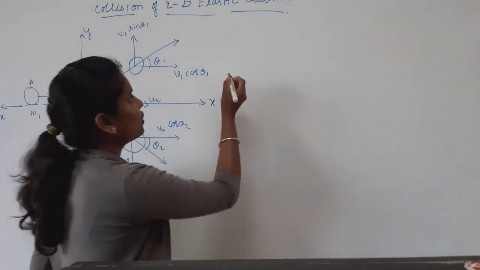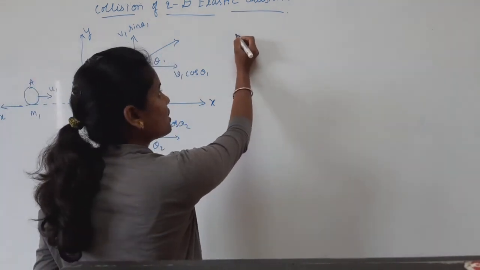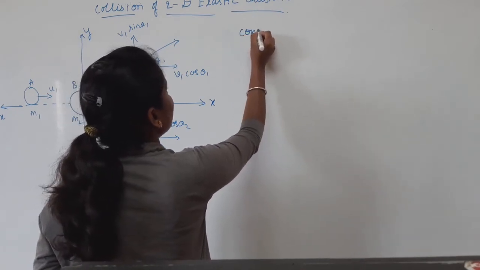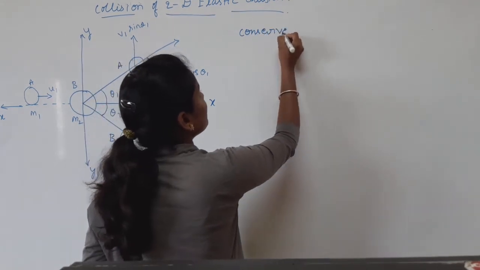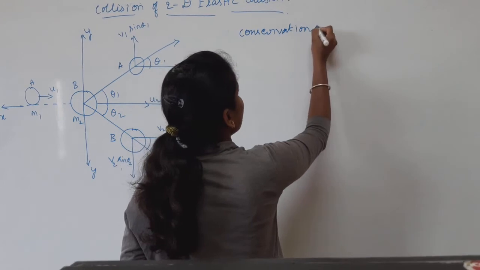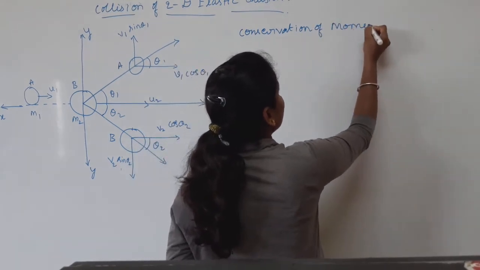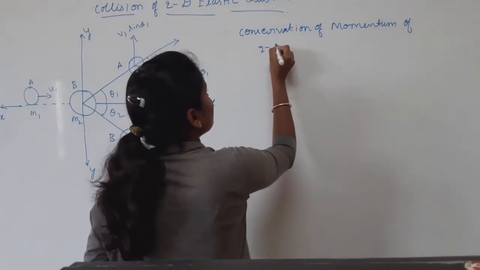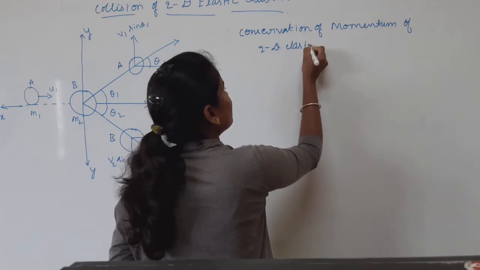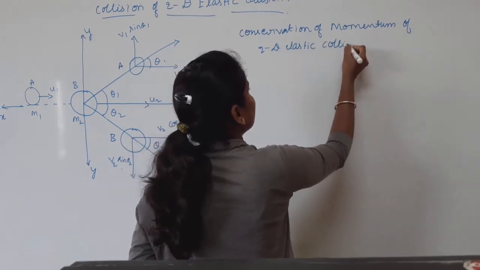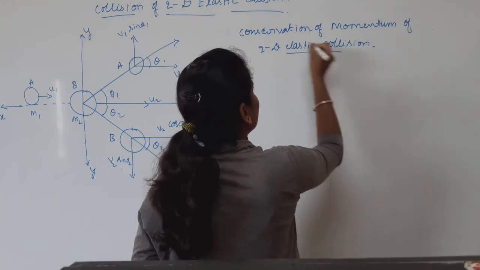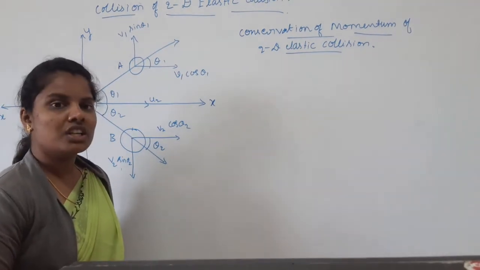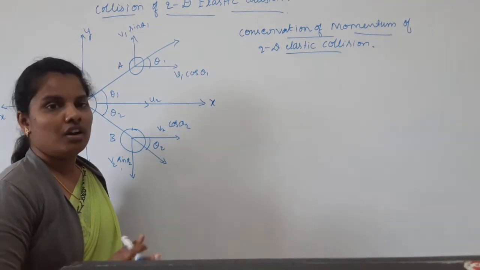First, according to the law of conservation of momentum in a two-dimensional elastic collision, the momentum before collision is equal to the momentum of the system after collision.